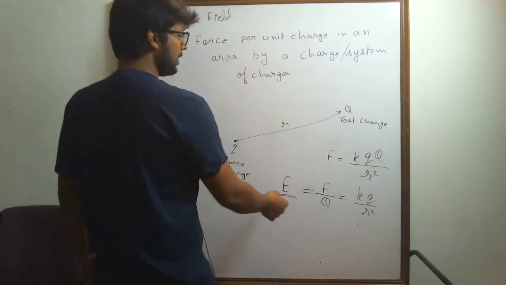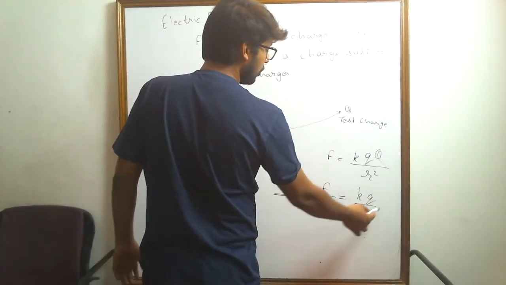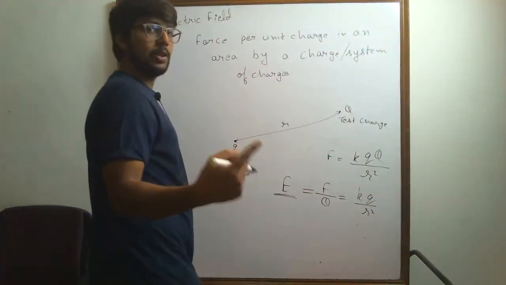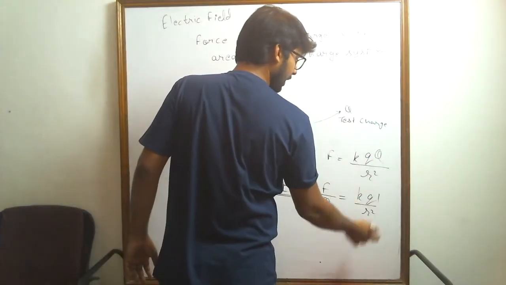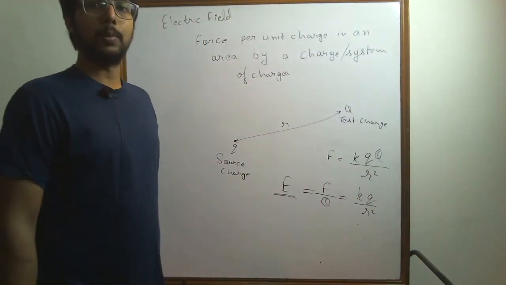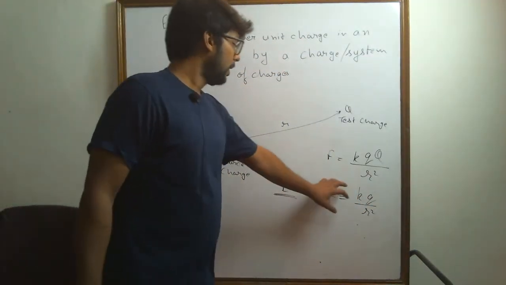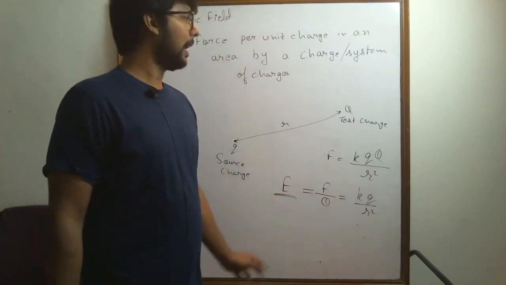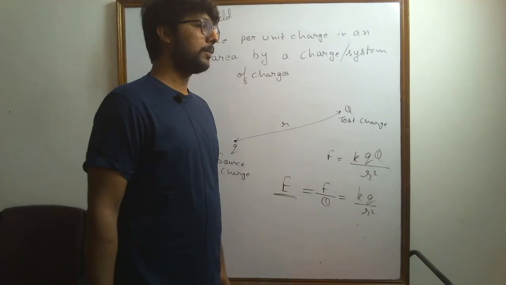Now as you can see from here, there is no aspect of the test charge, because it is unit, so I can just write 1 over here and it works. It's the same as KQ upon r square. So this becomes my magnitude of electric field at this distance r.